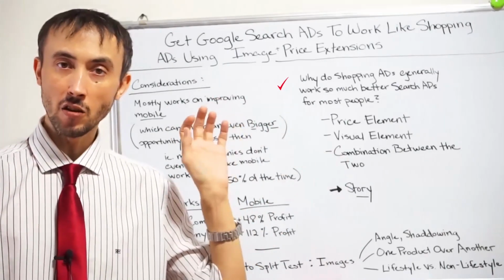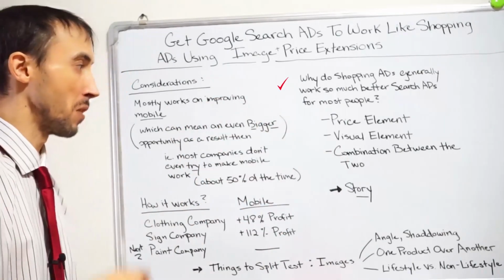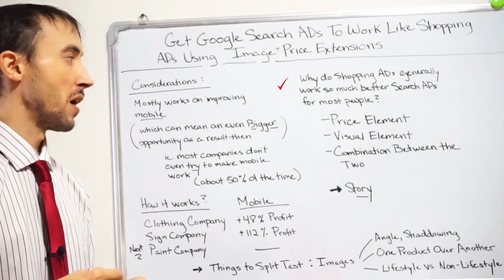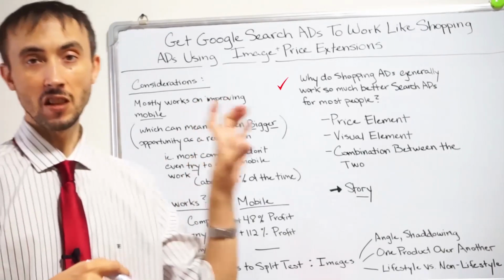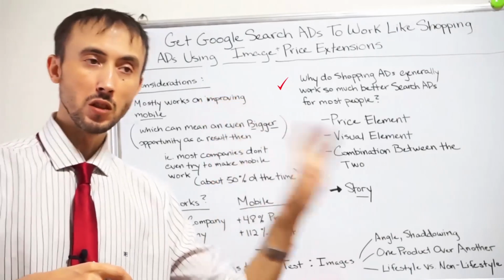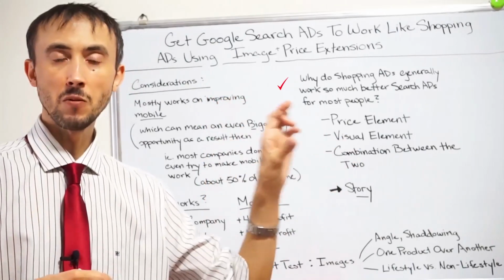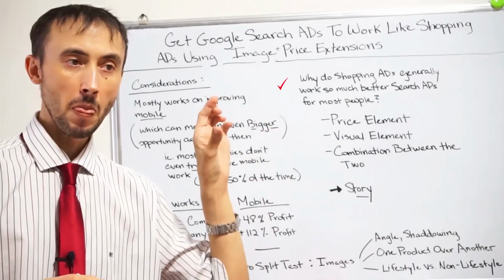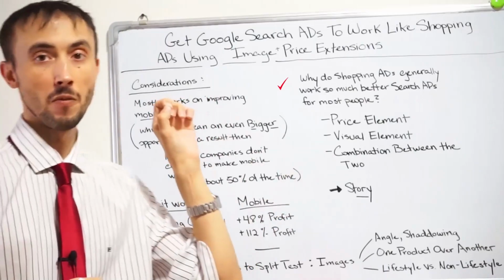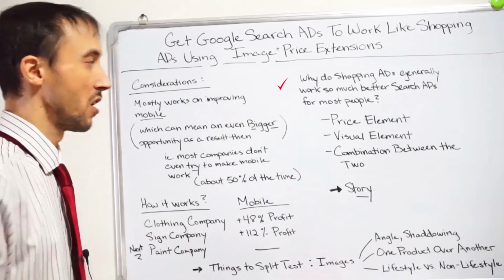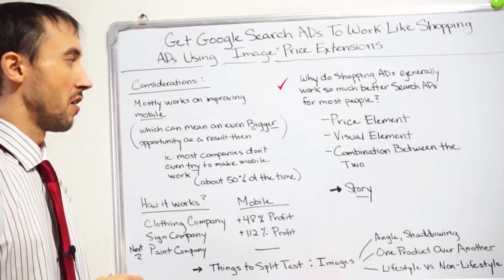How to do that is going to be mentioned in this video. But the fact that they're together like that is particularly helpful and attractive for the user, versus if it just had the price or just had the image, to keep it short and simple.